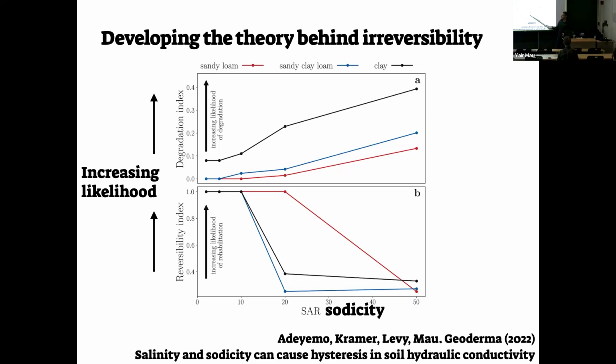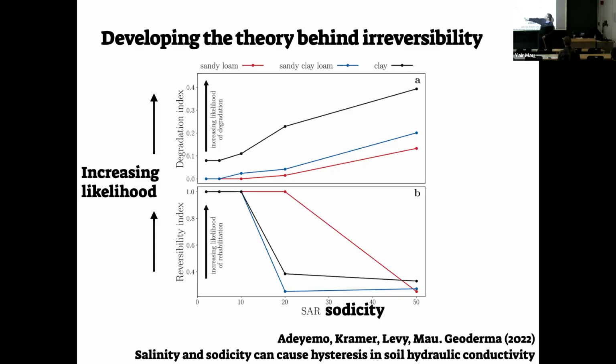The one thing I should point out in this graph, that I think is useful to take home, is that usually we think it is harder to make clayey soils rehabilitate. That's everyone's expectation, and that's more or less what we find.